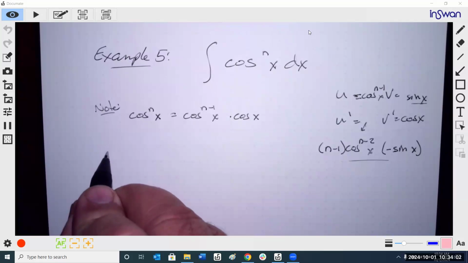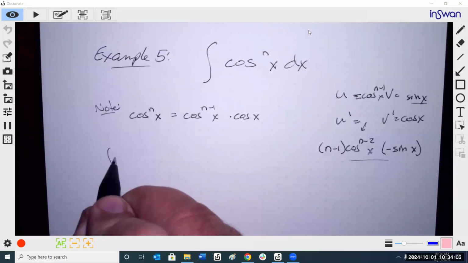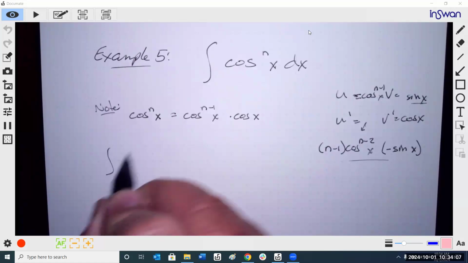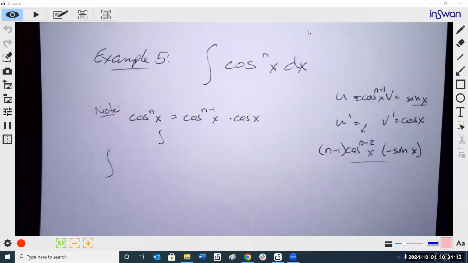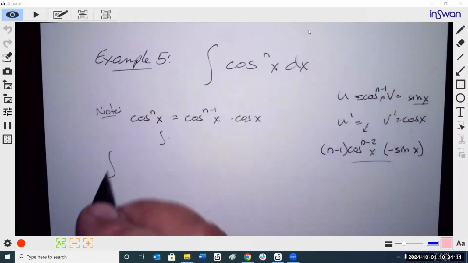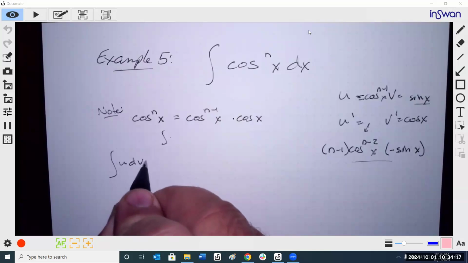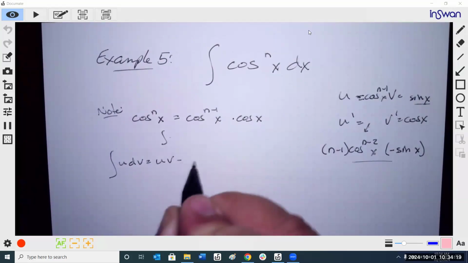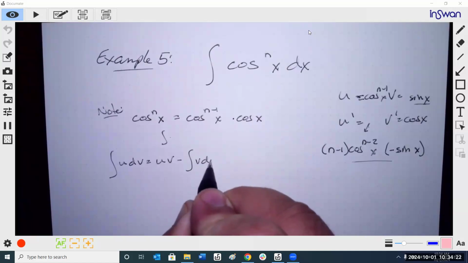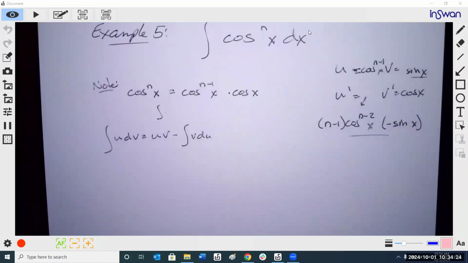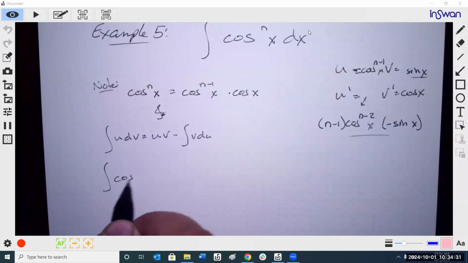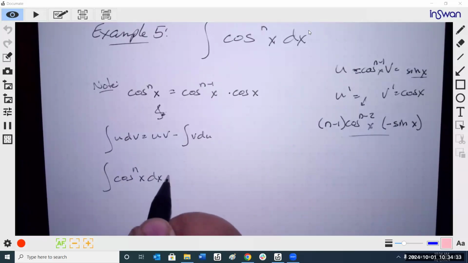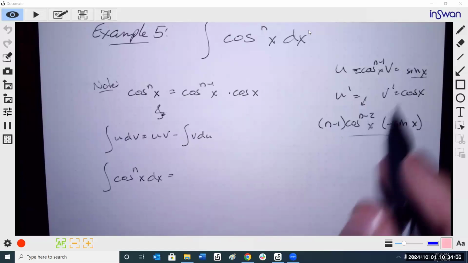Okay, now we're going to plug everything in there. The integral of u dv equals uv minus the integral of v du. That's our formula. So we have originally the integral of cosine n x dx, with u and v which we calculated.